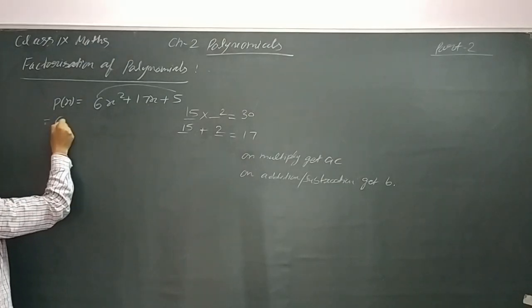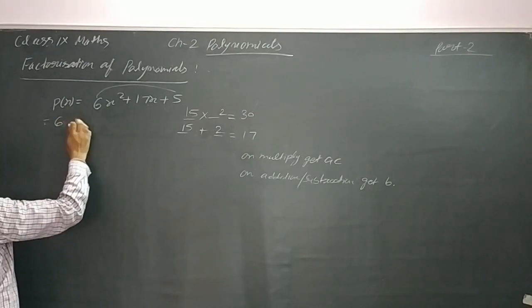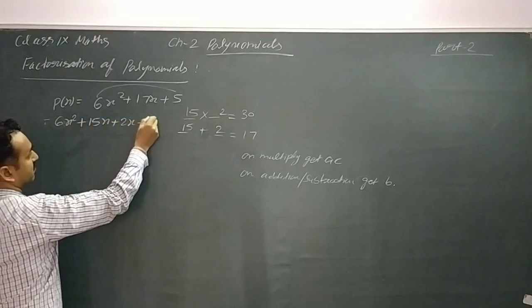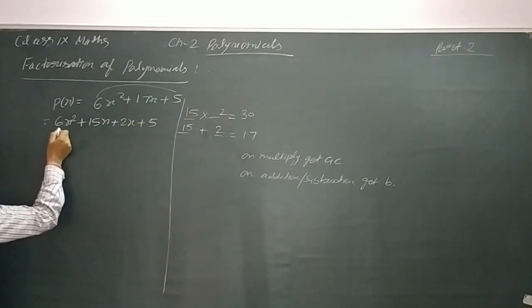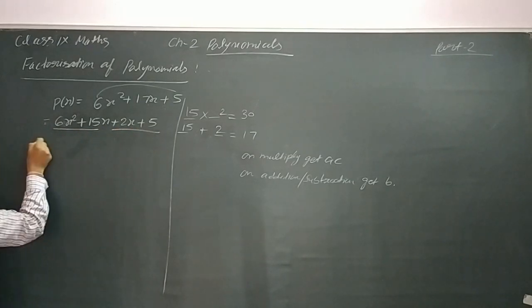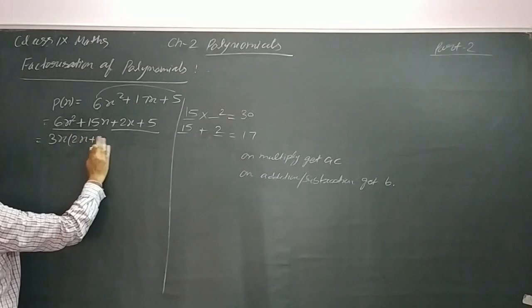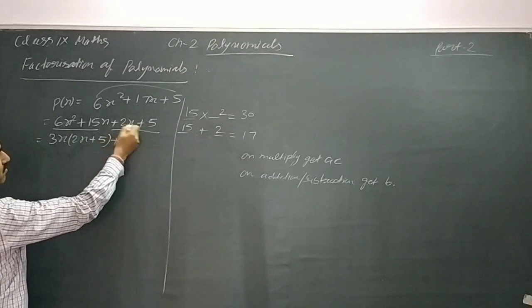So we take here 6x square plus 15x plus 2x plus 5. Take common. 3x common from the first two terms, leaving 2x plus 5. What is common in the last two?